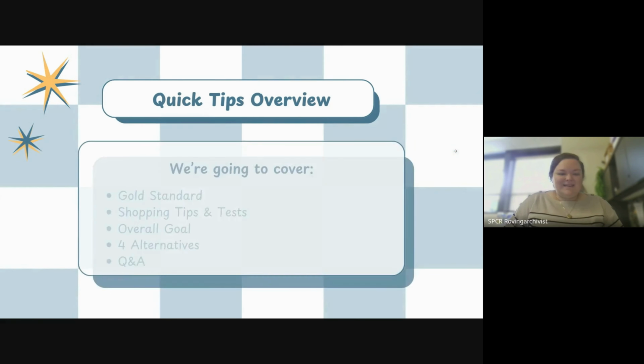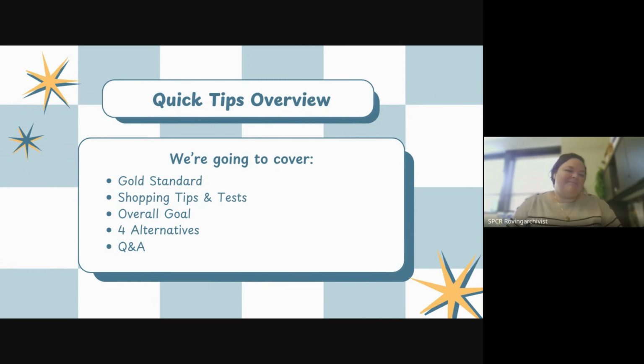So with that being said, what are we talking about today? We're going to talk about the gold standard, really highlighting why Hollinger boxes are usually the go-tos, but also understanding that they're not always the most financially accessible and easiest to get, especially here in Wyoming. So we'll talk about shopping tips and tests that we should be aware of when looking at these supplies.